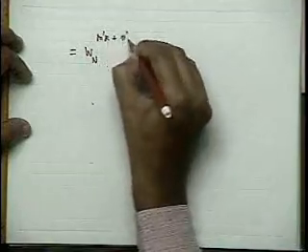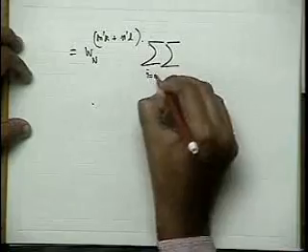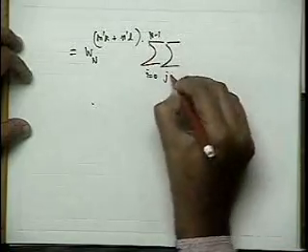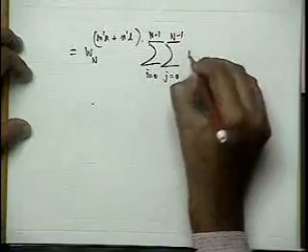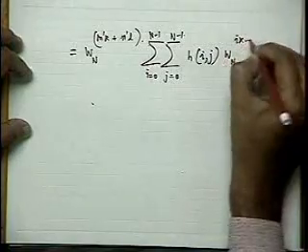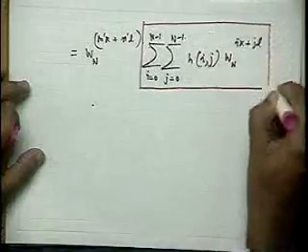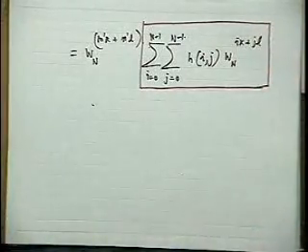w to the base n m prime k plus n prime l, double summation rather, i equal to 0 to n minus 1, j equal to 0 to n minus 1, h of i j, w to the base n i k plus j l. And now this expression, what I encircle over here, is our pure and simple 2D DFT. 2D DFT of what? 2D DFT of h.